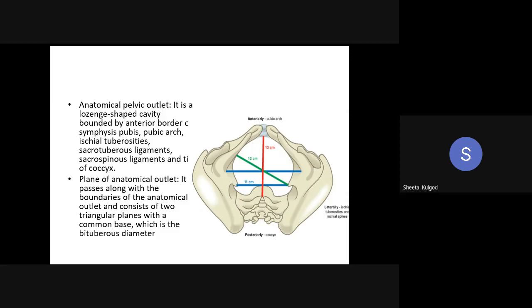Now, the plane of the anatomical outlet passes along the boundaries of the anatomical outlet and consists of two triangular planes with a common base. So you can imagine two triangles here with the common base at the bituberous diameter.